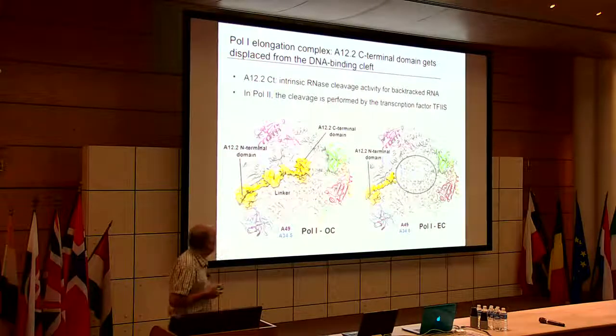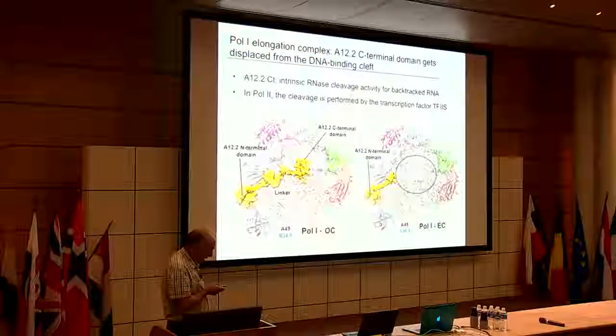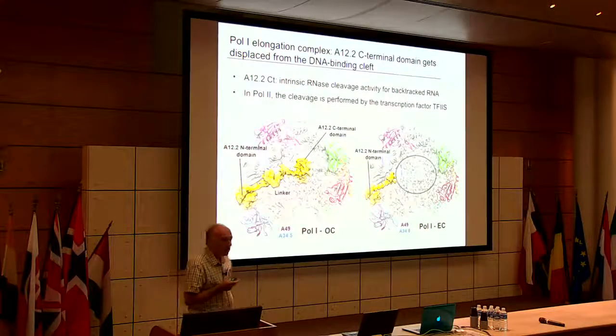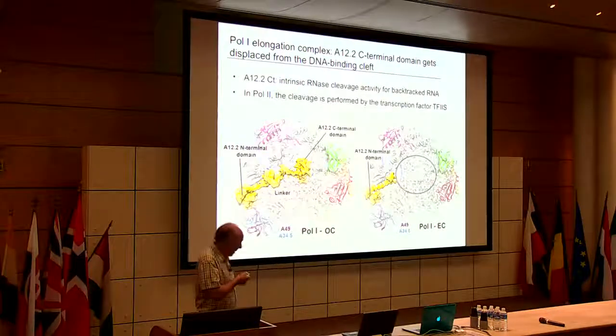And what we also observe is that, and there I have to explain first a bit, RNA polymerase 1 contains one subunit which is called A12, and the C-terminal part of A12 has an intrinsic RNase activity.